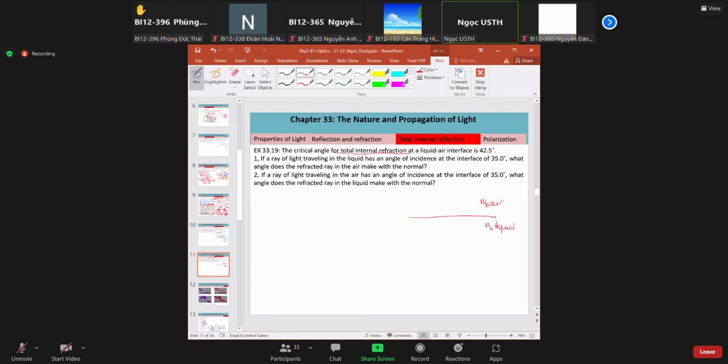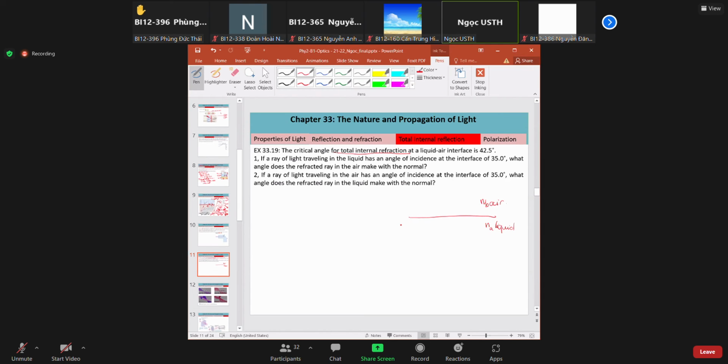Okay. So we still use Snell's law. First, when you solve a problem, you have to plot it on the diagram like this and tell the readers what the problem gives you and what you need to do, right?